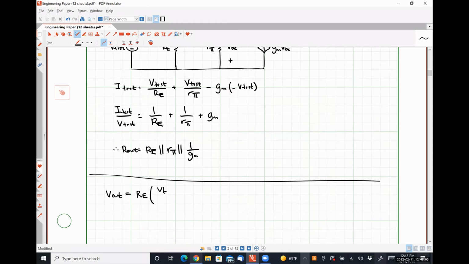VBE over R pi plus GM VBE, which we can make look like RE times 1 over R pi plus GM times VBE.